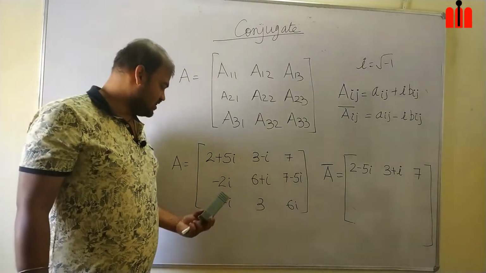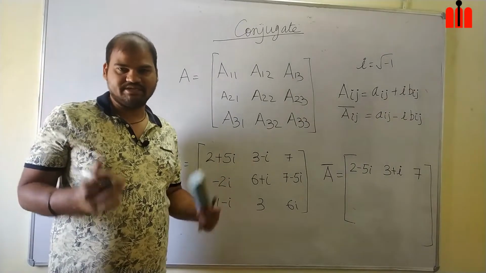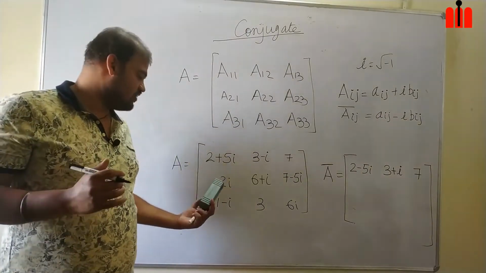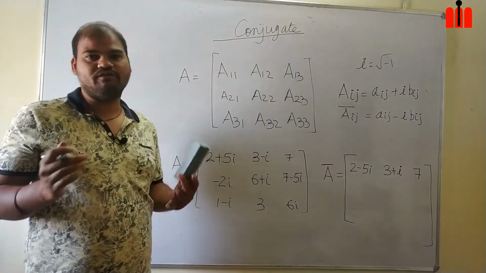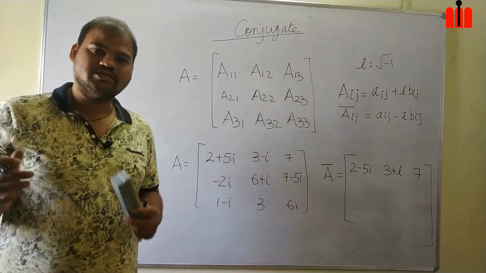Similarly, in this one, minus 2i does not have a real part, so we write it as 0 minus 2i.